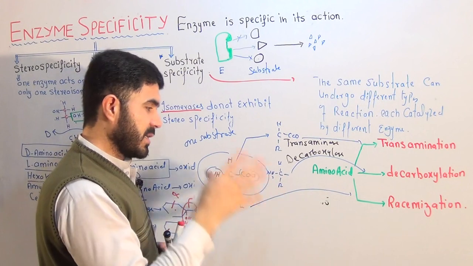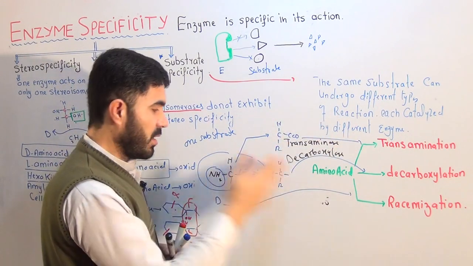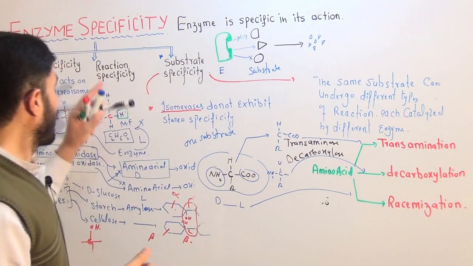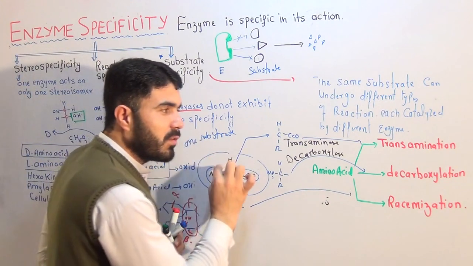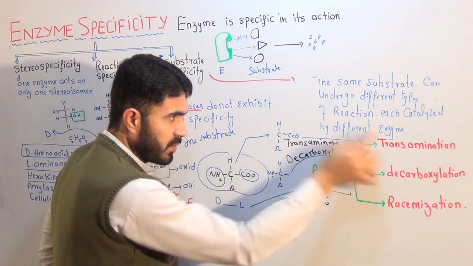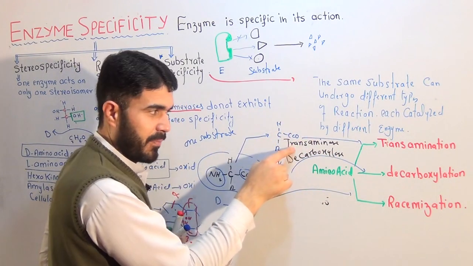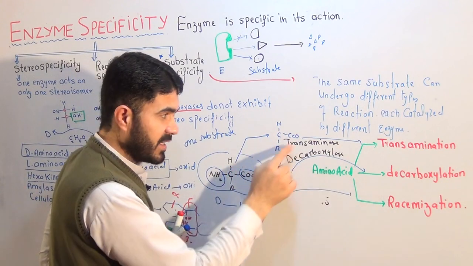There would be a single enzyme performing three types of reaction on the same substrate. But no, we have reaction specificity, which means for one particular reaction there will be a particular enzyme, and that enzyme will not be performing another reaction.